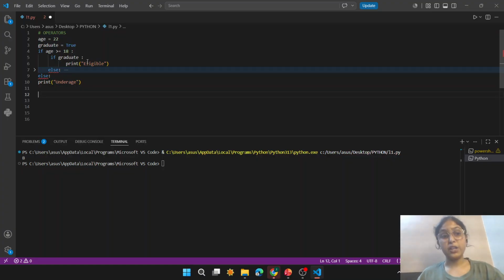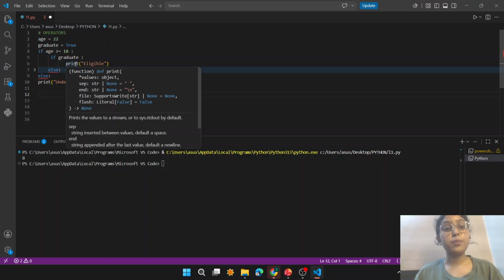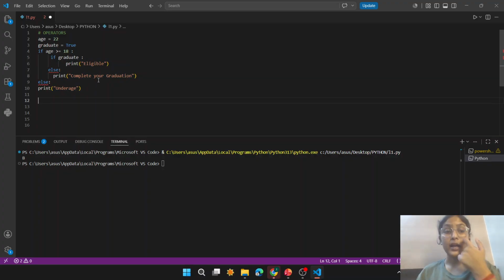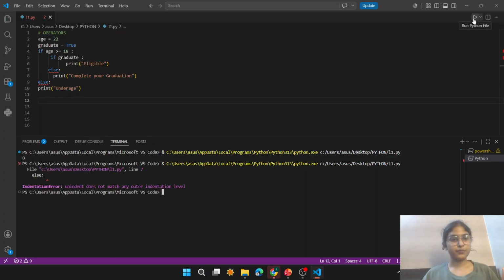So if graduate is true, since the first condition is true, it should print eligible. If this would be false, then it will print that you are eligible, but you have to complete your graduation. Let's see what happens.